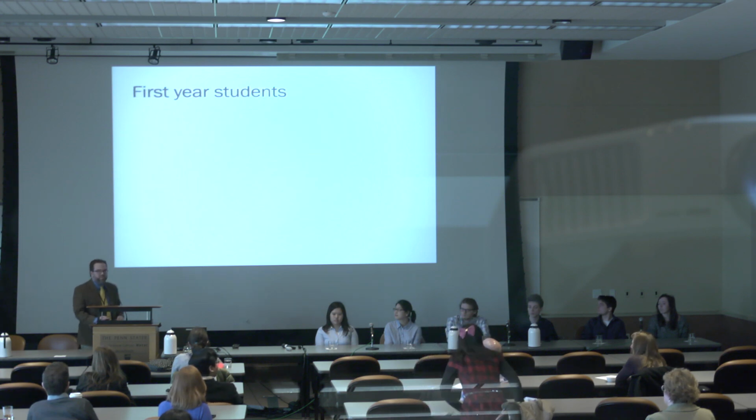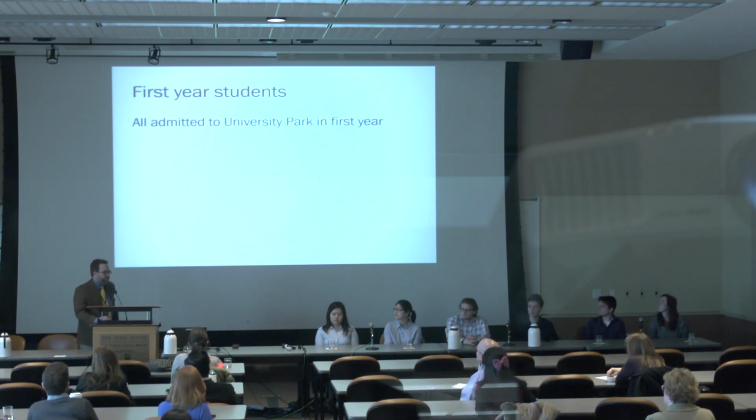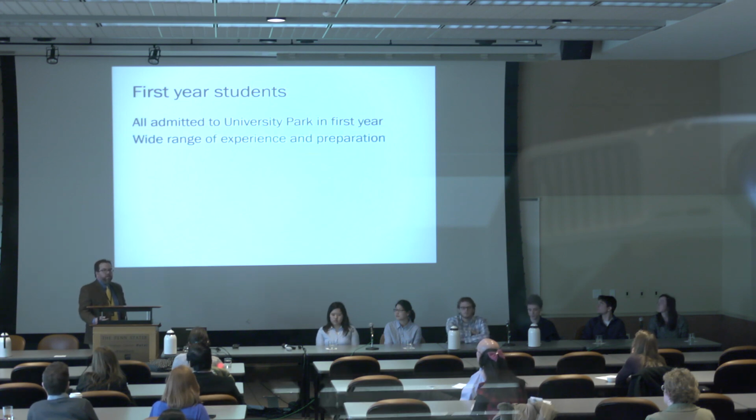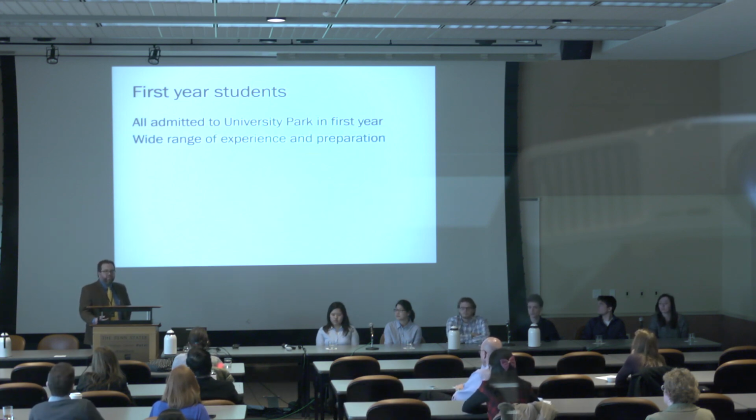Okay. So first year students coming into these programs, so this course was for all the students coming into all three of these programs in their first year here at University Park. You find students who come from schools where, frankly, their science and math preparation wasn't so great.